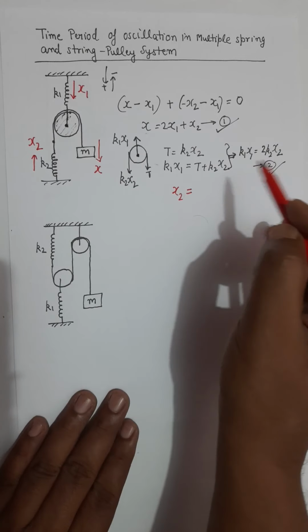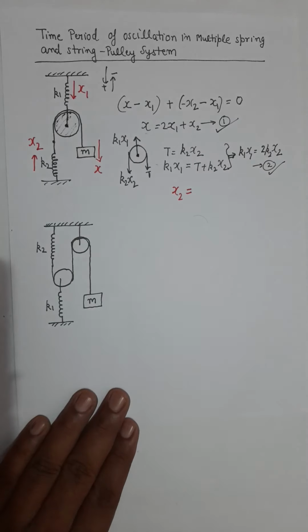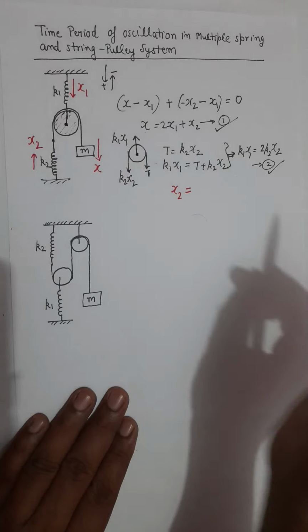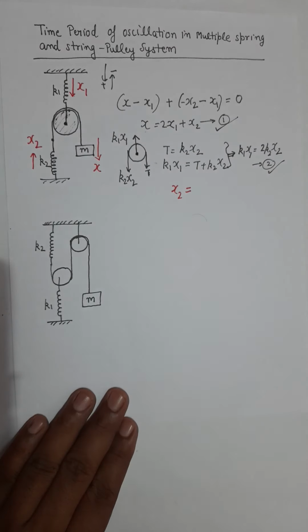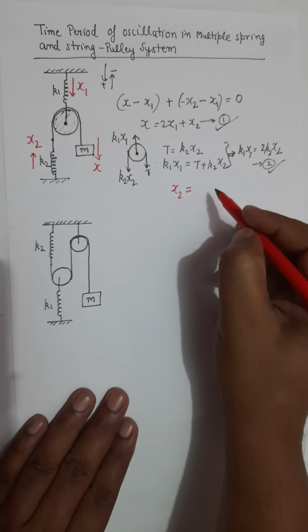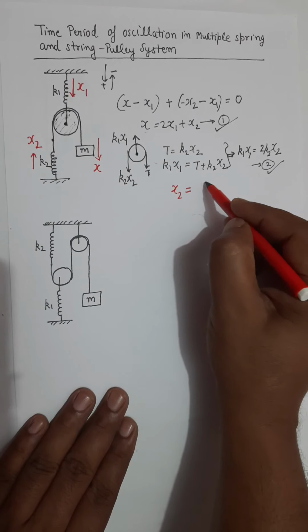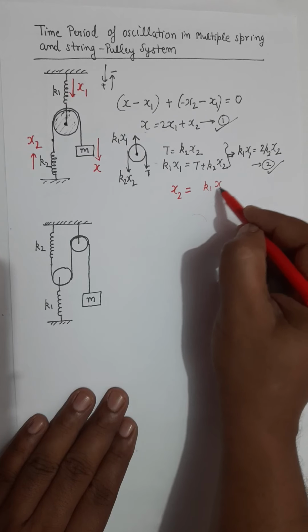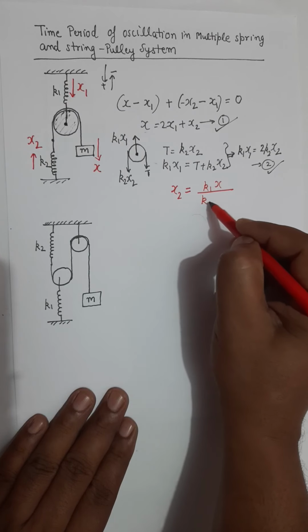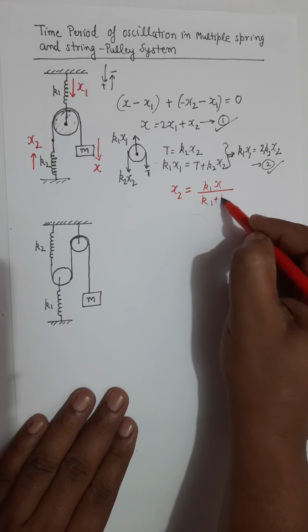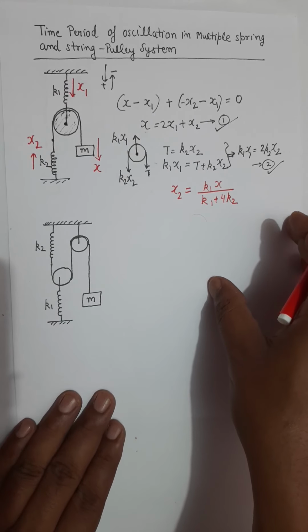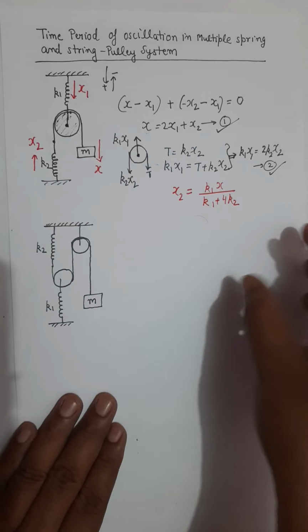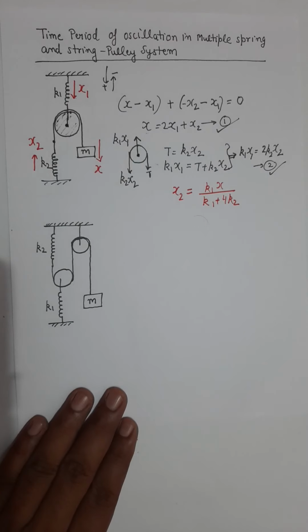Let me try. x2 will be, I suppose, k1 times x over k1 plus 4 times k2, I guess. This is the value of x2. So x2 will be k1x upon k1 plus 4k2.